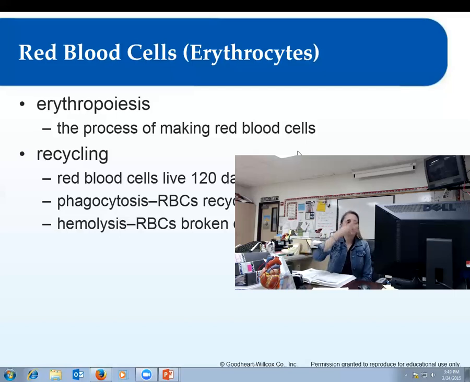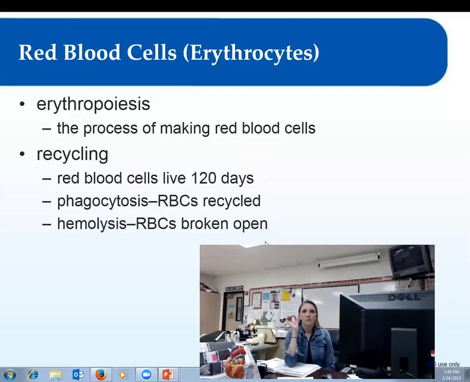Now, how this gets kick-started into happening is erythropoiesis. Our kidneys are constantly filtering our blood. When the oxygen levels that our blood is carrying go down, they pick up on this, that we're not carrying enough oxygen. It could be for any number of reasons.